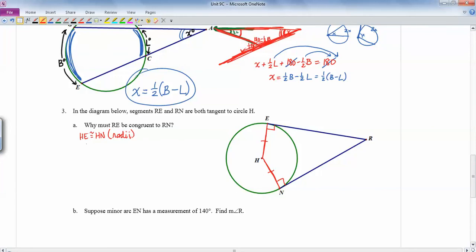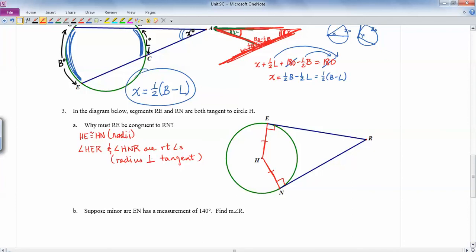So I know that angle HER and angle HNR are right angles, right? And that's because we've drawn radius to tangent, right? I'll say radius is perpendicular to tangent.